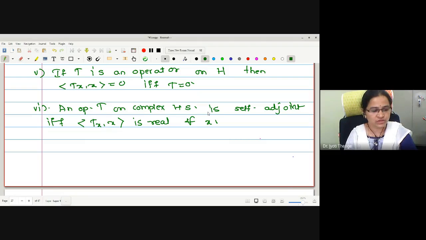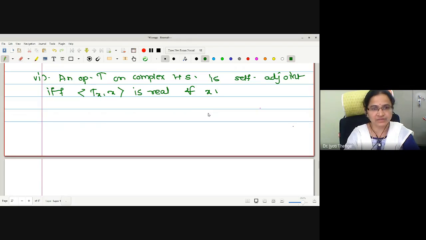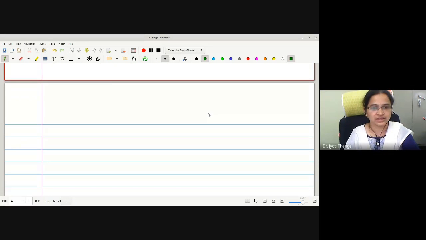Actually, these are the properties one can take with the proof also, but according to the syllabus question paper pattern, we are taking only the statements.